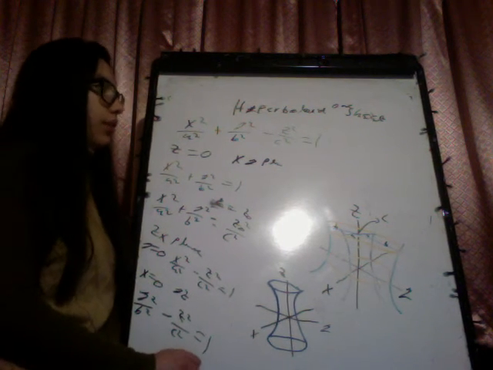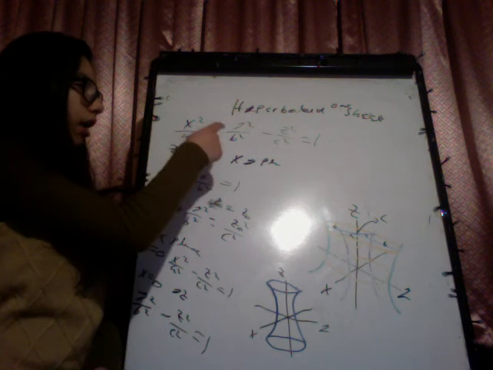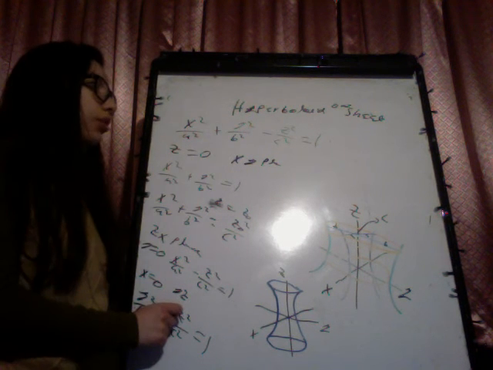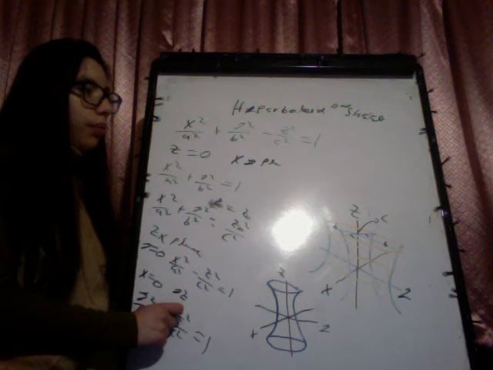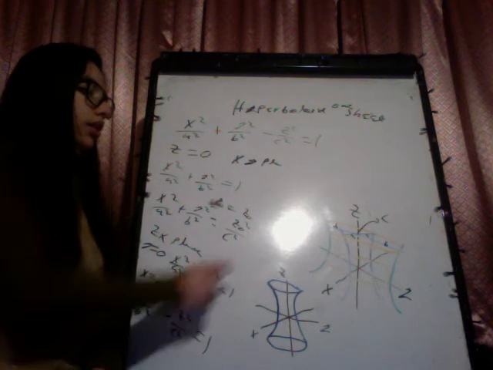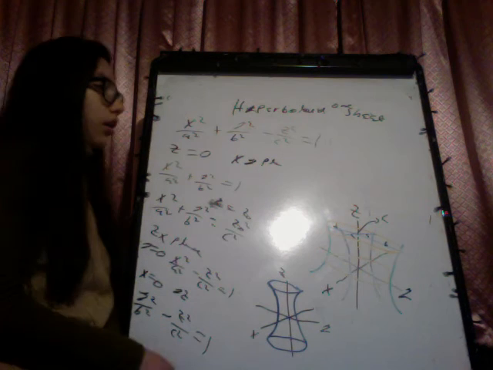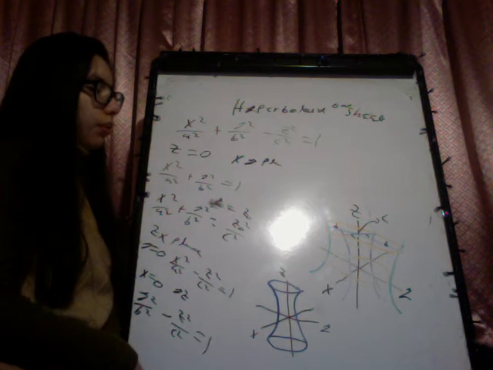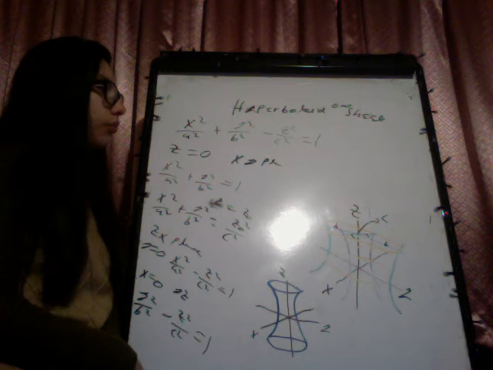If you have a and b the same, you have a hyperboloid of revolution, and instead of an ellipse you would see a circle.